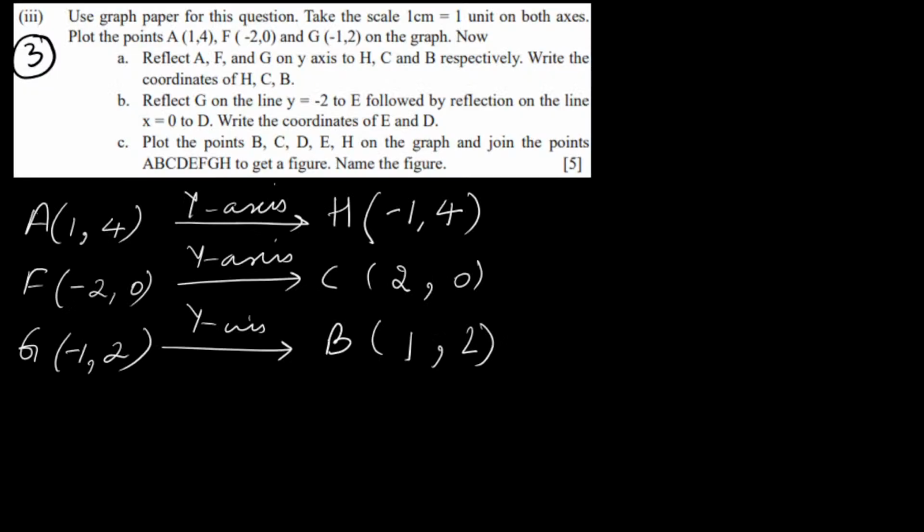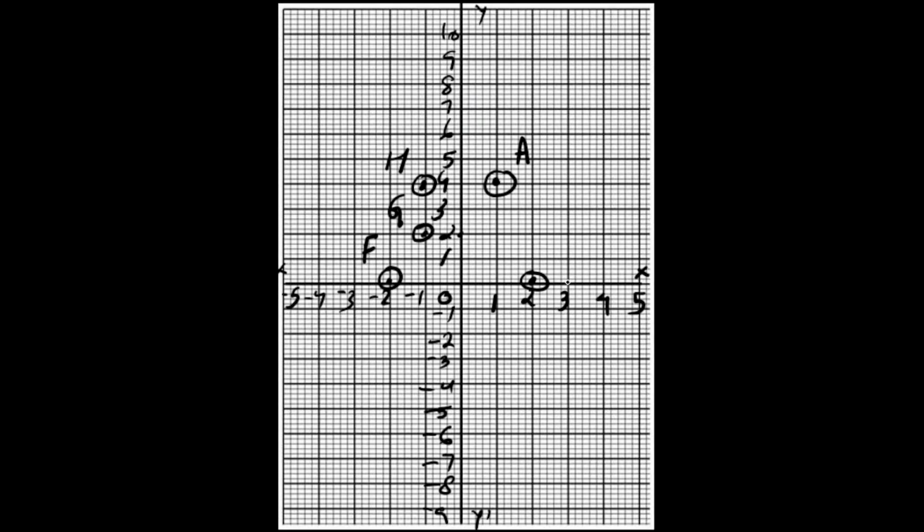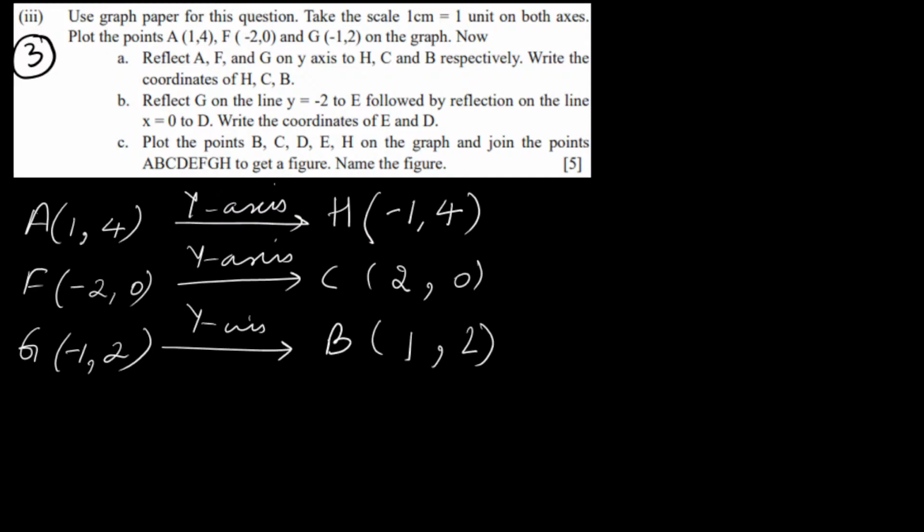So this point is C. If y is 0, that means it lies on the x-axis, not the y-axis. The points (x, 0) lie on the x-axis, and (0, y) lies on the y-axis. The last one is B, (1, 2).